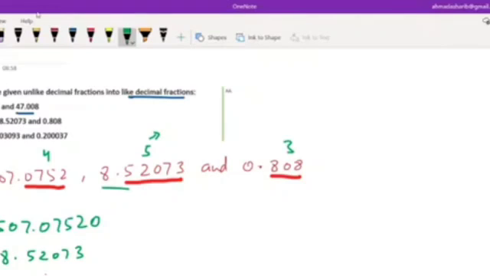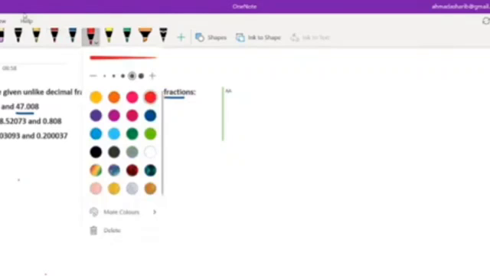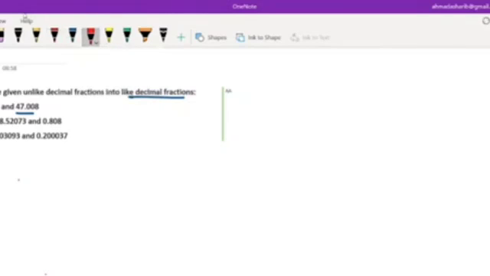Okay, now so let us do the third question. And third question is 459.22 and 7.03093 and 0.200037.